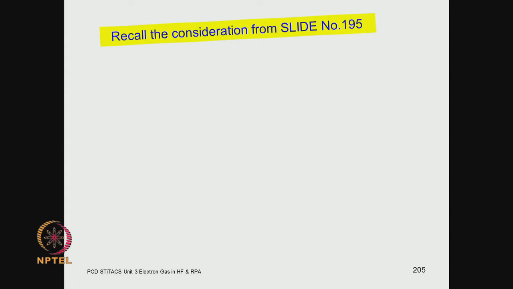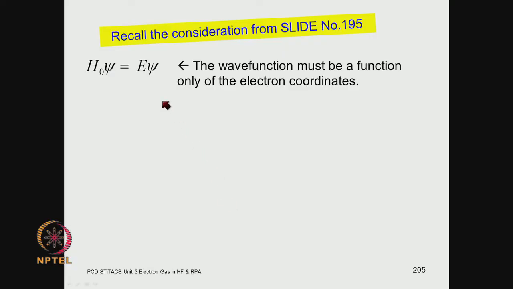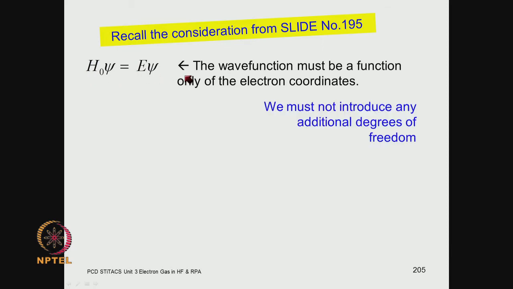Now, I would like to recapitulate quickly one consideration that we have discussed already, but it is a good point to remind ourselves: this is the original wave function that we were interested in. We agreed that when we carry out these canonical transformations, we must not introduce any additional degrees of freedom.